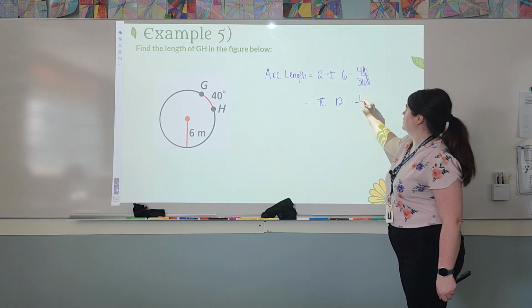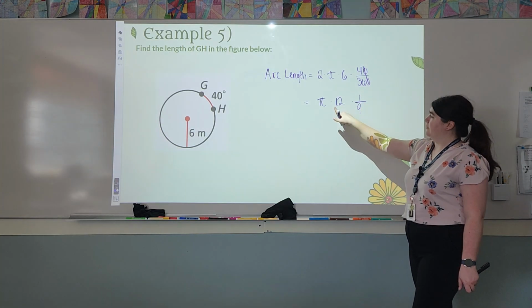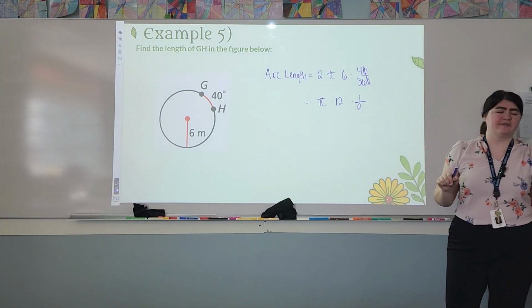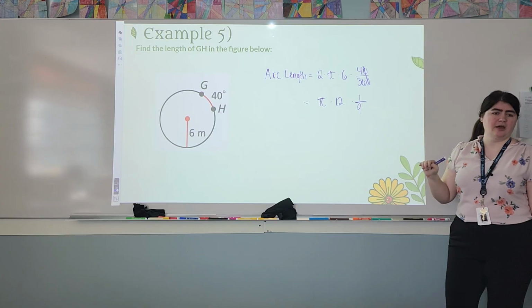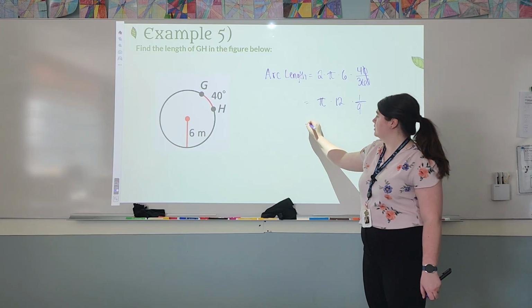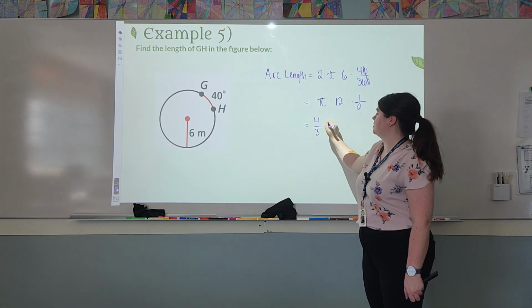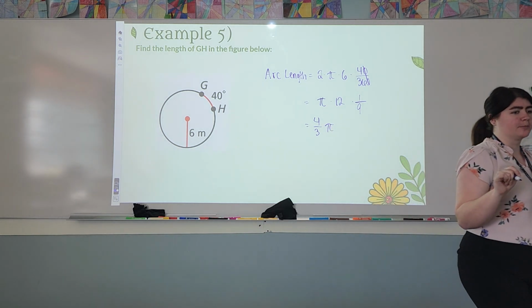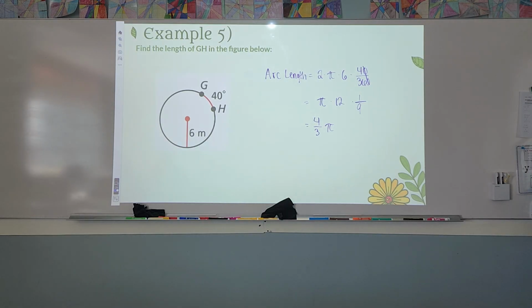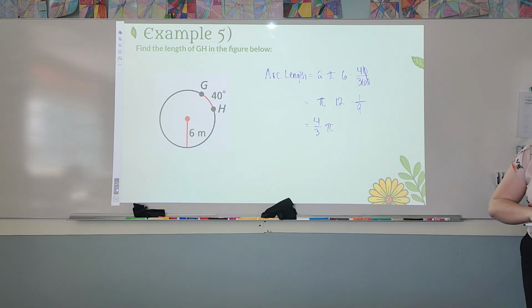So that's 1/9. 12 and 9 are both divisible by 3 because we really have 12/9 now. So we really have 4/3 pi. If we were writing our answer in terms of pi, you would need that reduced fraction, or you would need the decimal that is equal to.